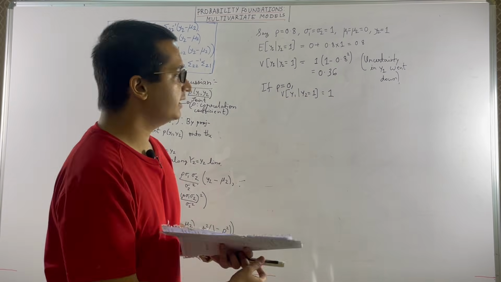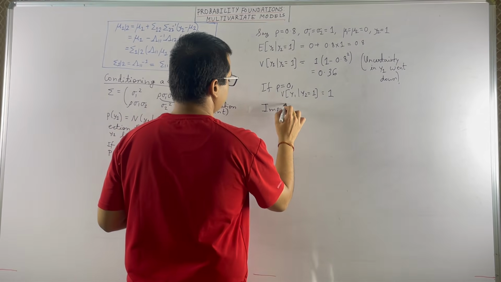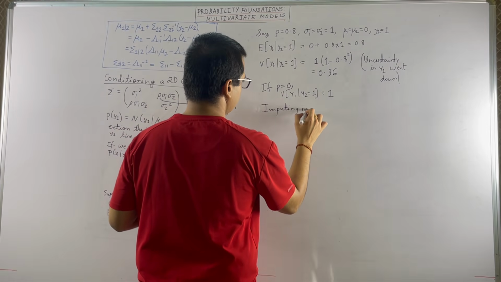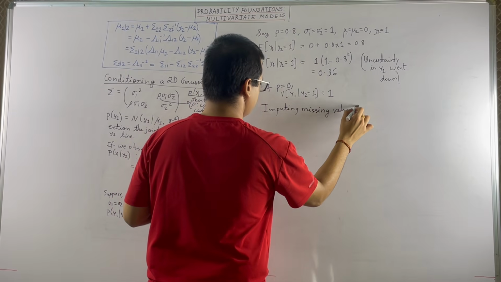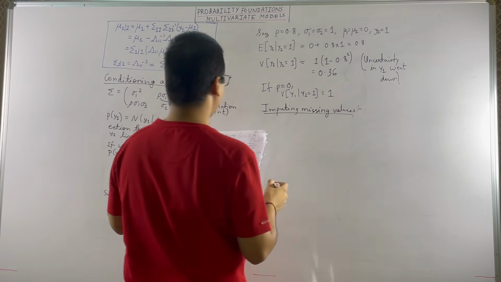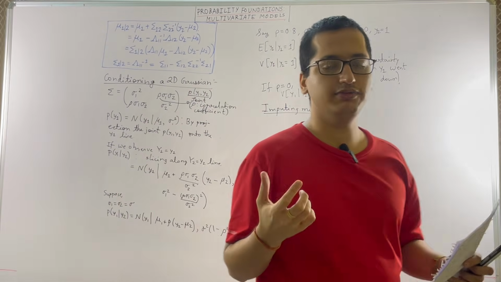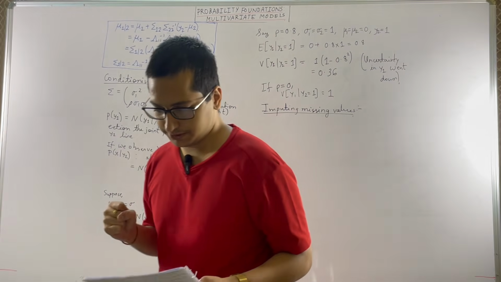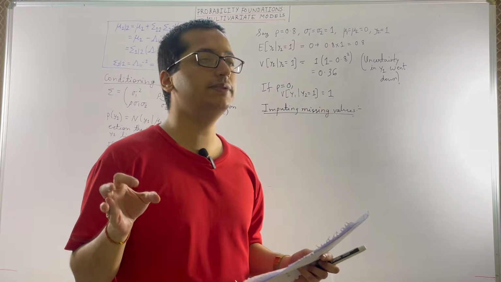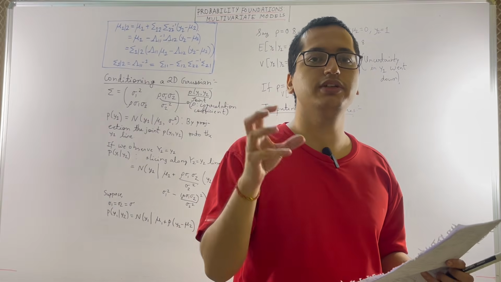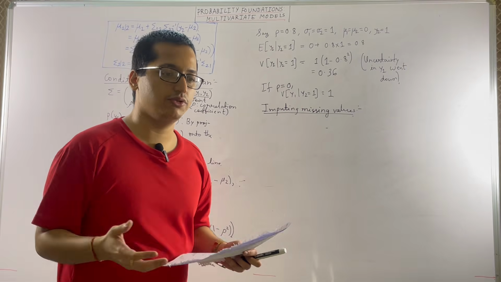So the next topic is imputing missing values. And why do we want to impute missing values? If we are given the covariance, we have one benefit. Let's say we sample n vectors, each of dimension d, and in each dimension we just know about 50% of the information.